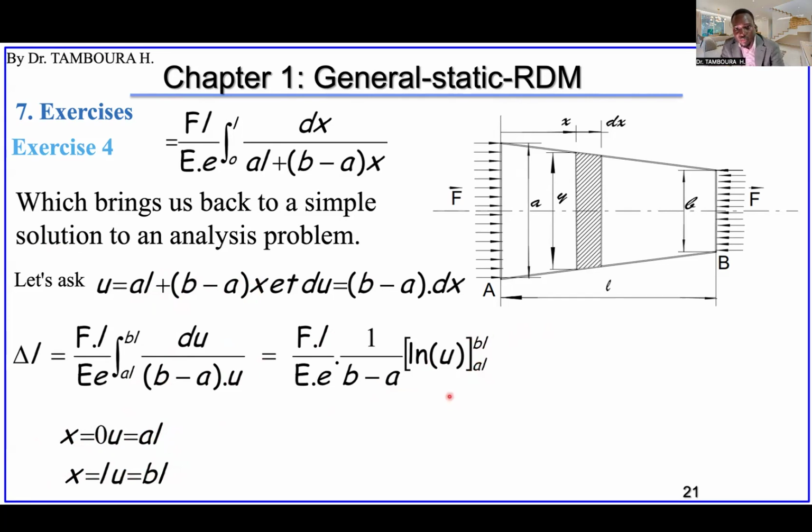Okay. So in total delta L will be this, because here it will be ln of bL minus ln of aL.